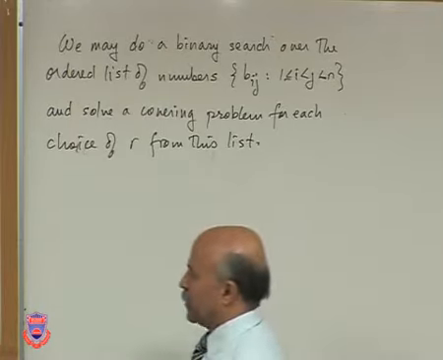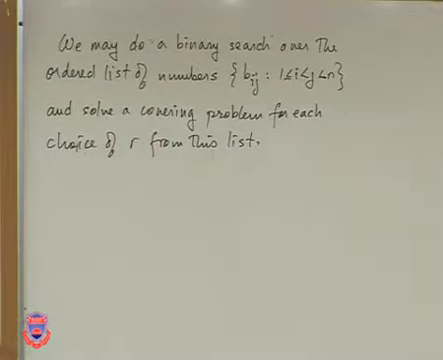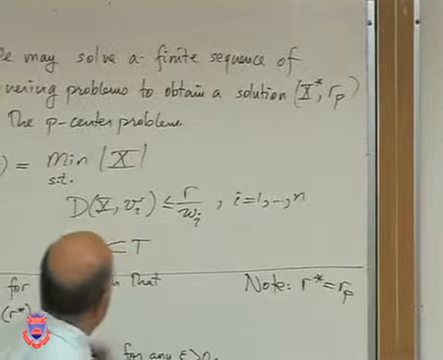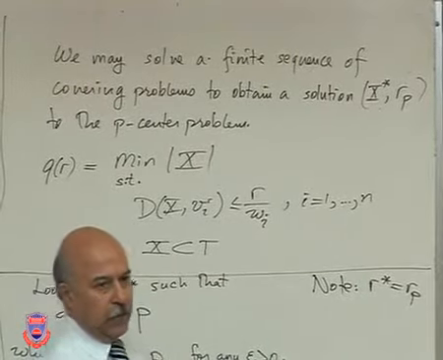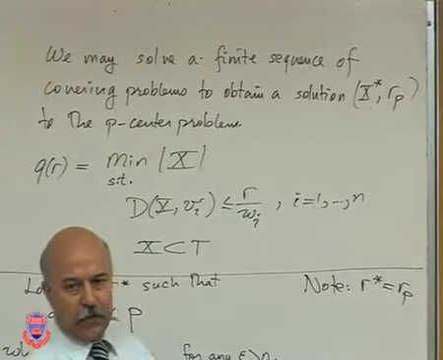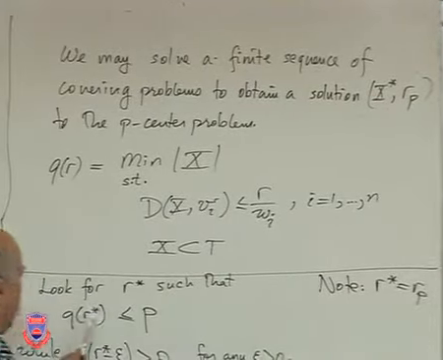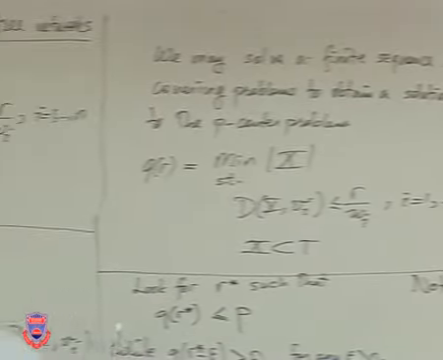Okay. So the question that remains is, how do I actually solve the covering problem? Because once you know how to solve the covering problem, things will be quite straightforward as far as getting the p-center solution. Okay?